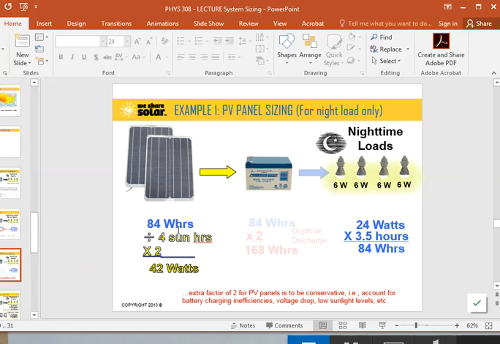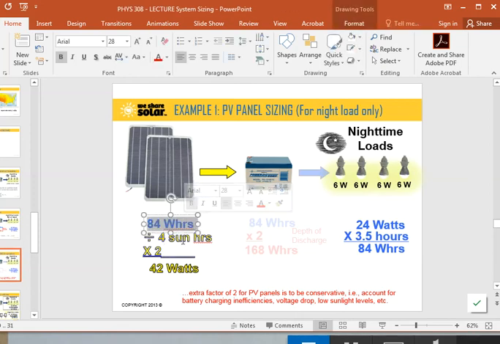Basically, if I divide the number of watt hours by the number of sun hours, and then I multiply by 2, again, this is multiplying by 2. If I didn't multiply by 2, then the number of watt hours needed divided by the number of sun hours should be the bare minimum for how many watts I need for my solar panels.